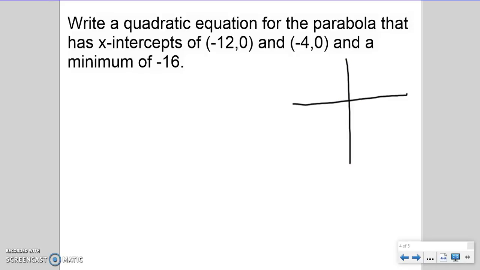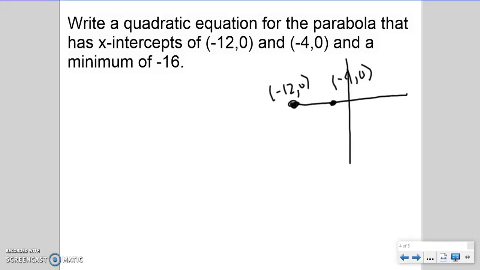So I've got negative 12, 0, which is down here somewhere, we'll say. And I also have negative 4, 0, so we're going to put that here. Negative 4, 0. And I have a minimum of negative 16.